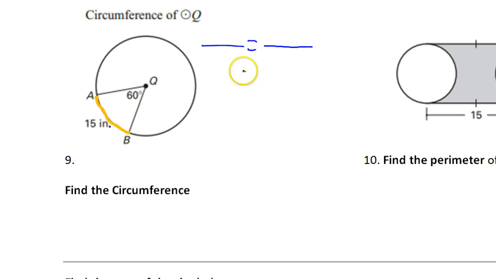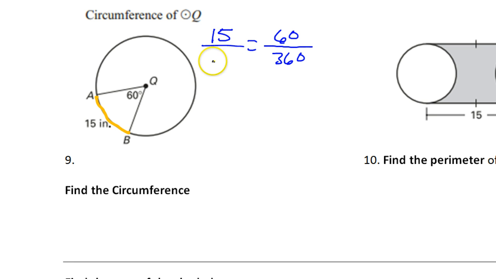Now on the right hand side, degrees, right? So part over whole, 60 over 360. On the left hand side, be careful. This 15 is the part. It's just from A to B. It's not the whole circle. So if we're going to do part over whole, then the 15 should go in the top because it's the part.